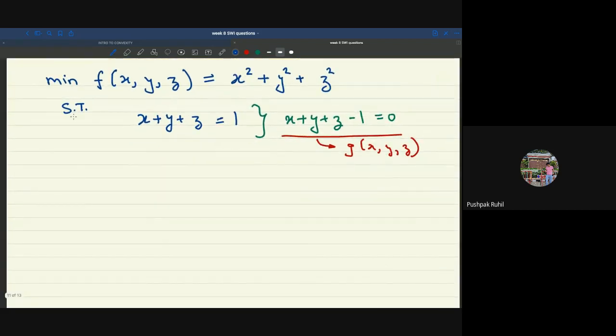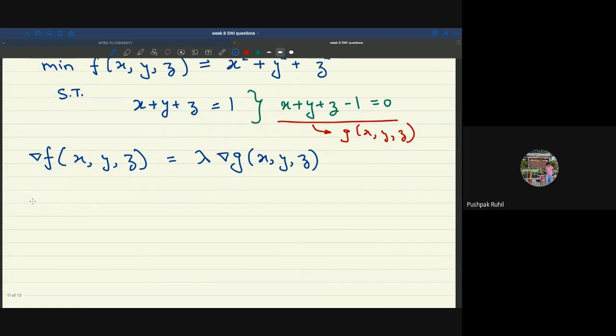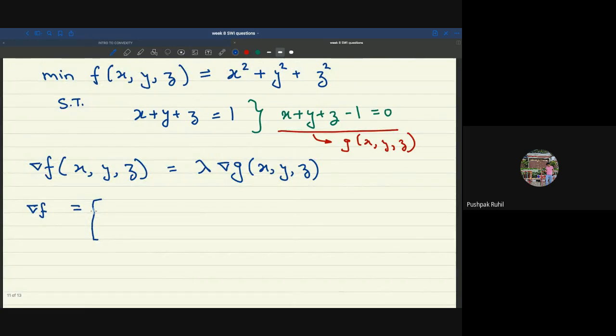The equation would be the gradient of f equal to the gradient of g. For x, y, z, you have x squared, so it would be 2x. Here it would be 2y, and here it would be 2z.